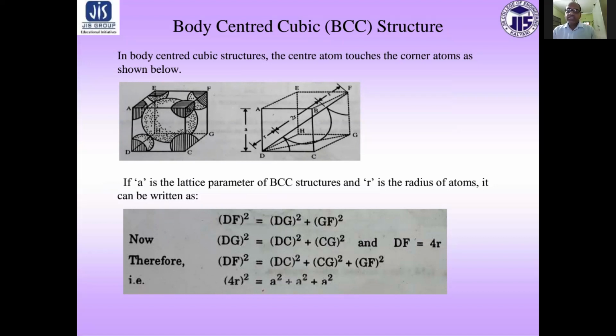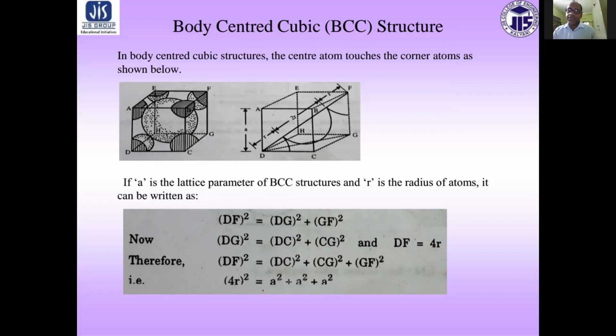As we can see in this figure, the center atom touches all the corner atoms. So again, A is the lattice parameter of the BCC structure and R is the radius of the atoms.